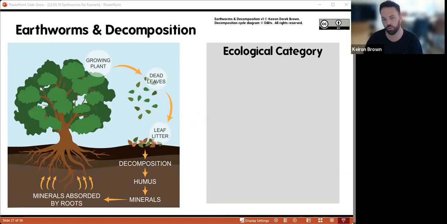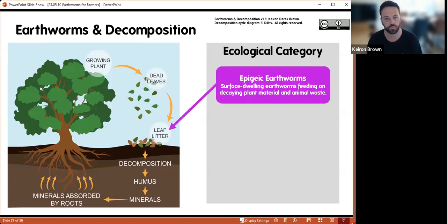So if we think first of all about our epigeic earthworms, those surface-dwelling earthworms are helping to decompose the leaf litter, but also any other decaying plant material like dead wood, animal waste like animal dung, etc. So they're feeding on that, and then they're pooping it out as earthworm casts, and that's helping to decompose it.